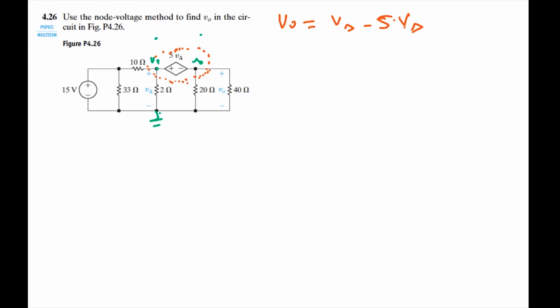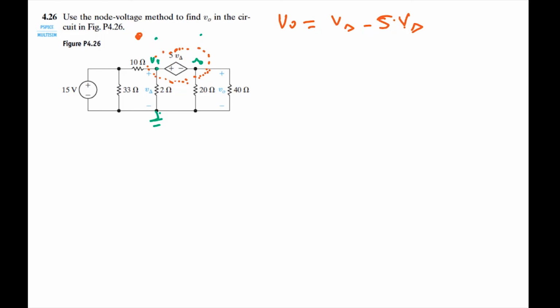So let's start. At V delta, now that we have this supernode, we assume that there is current only leaving the supernode. So we're going to start on this side of the supernode and write an equation for it.